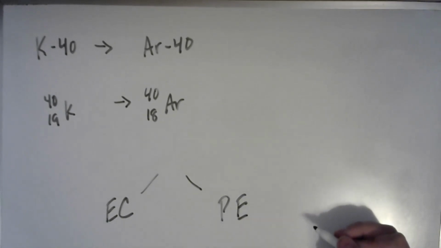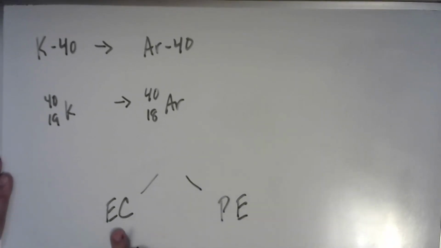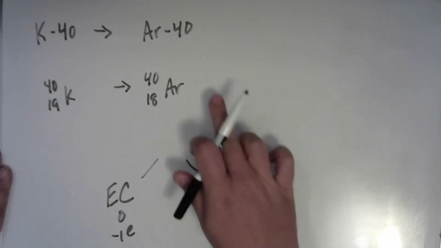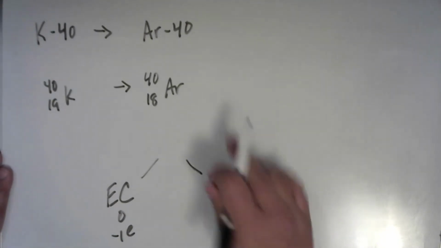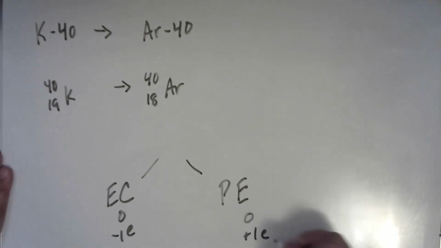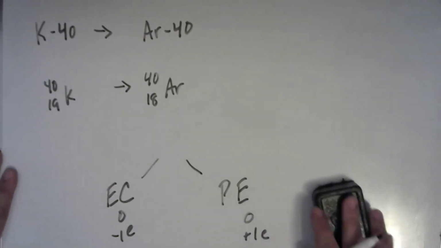Either one can be valid here, because if you have electron capture, you're going to be adding an electron to your reactant side. If you have positron emission, you're going to be emitting a positron particle over here. So let's write out the equations showing both of these.